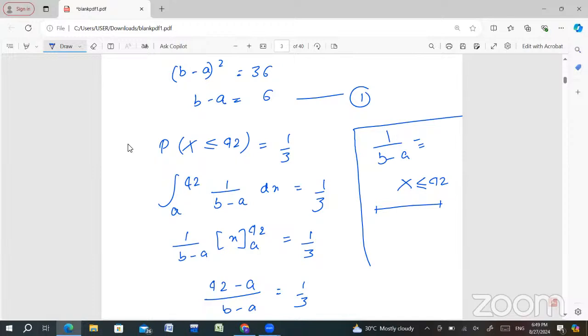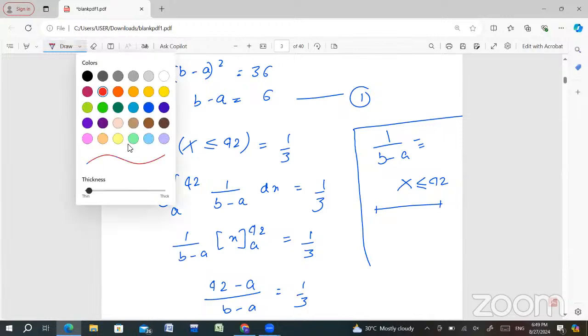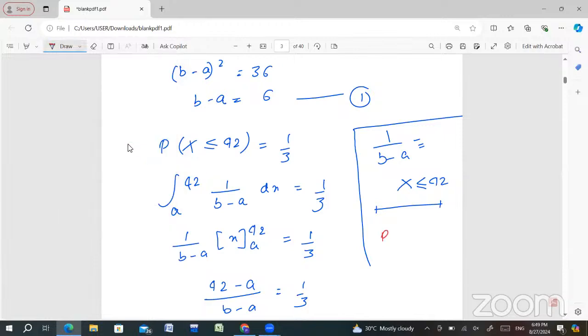So if you have to find the probability that x is less than or equal to t, the lower limit is a and the upper limit is t. You have to find up to t. Okay, ma'am, got it.